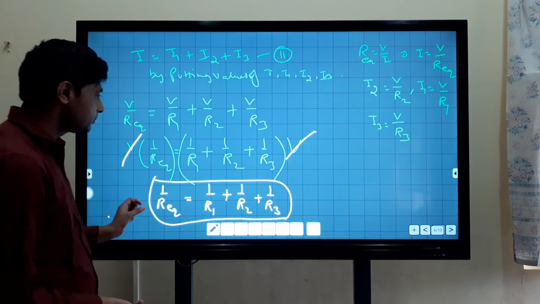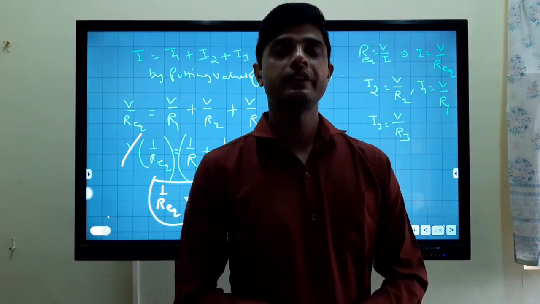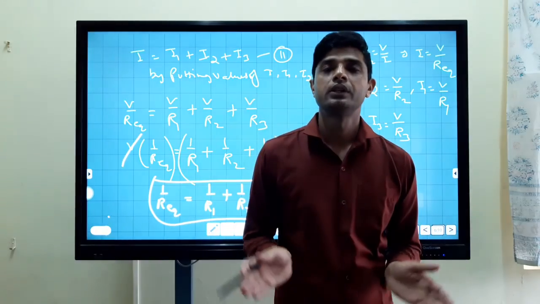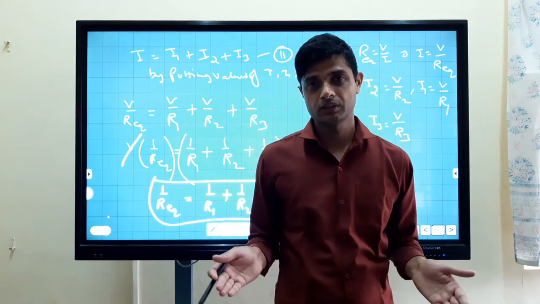It means the reciprocal of the equivalent resistance is equal to the sum of the reciprocals of the individual resistances.